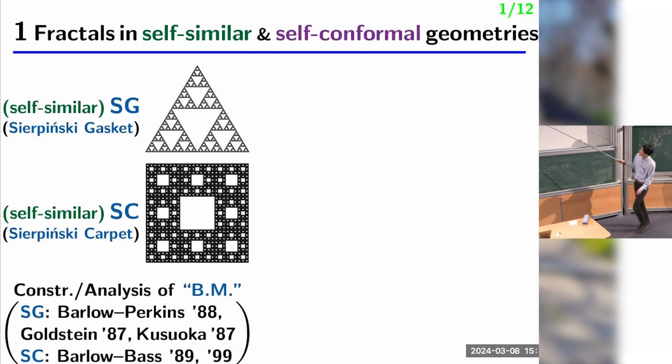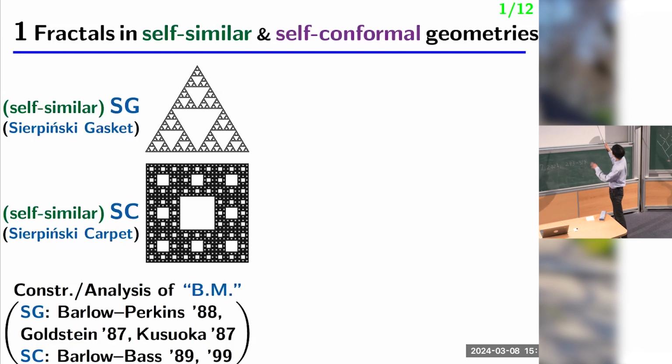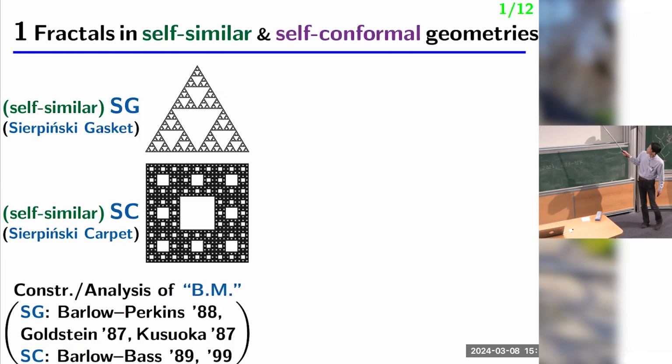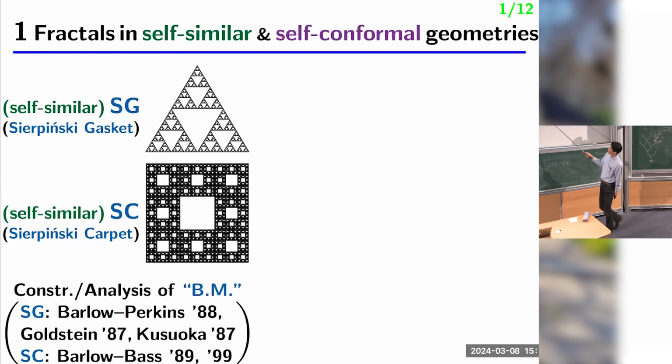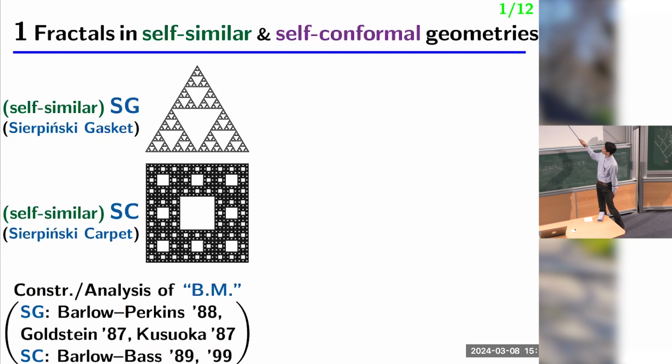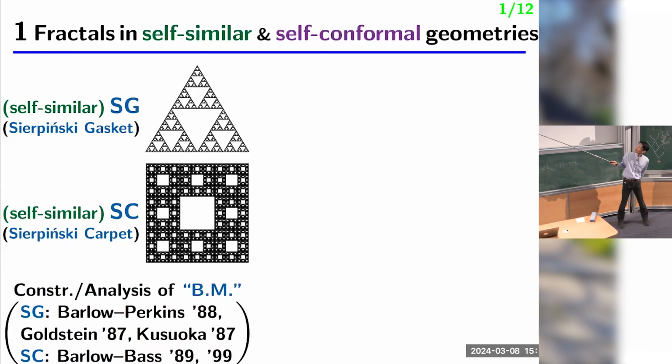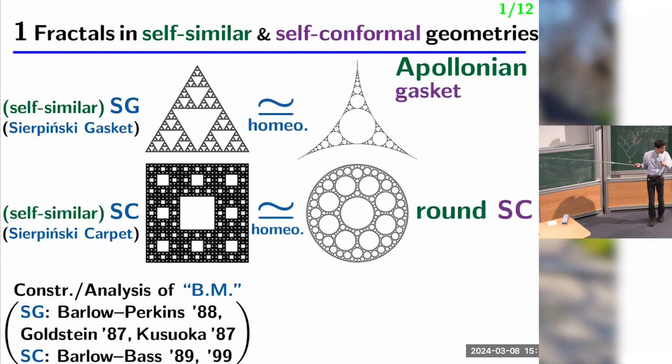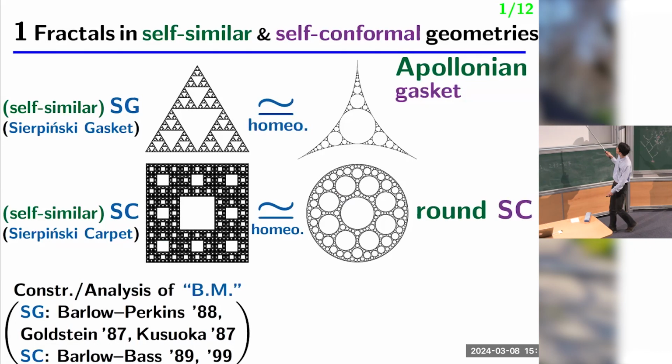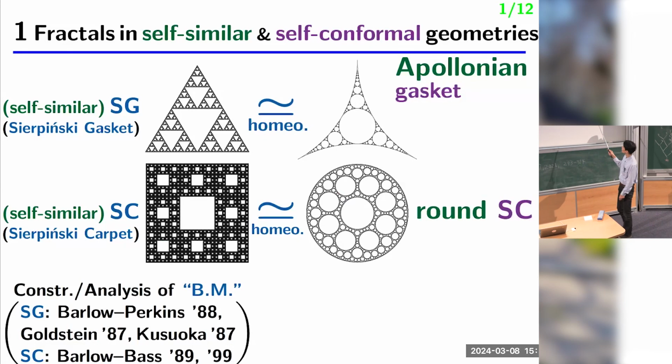But in some other fields of mathematics, basically complex analysis and the theory of Kleinian groups, there are entirely different geometries of these topological spaces, like these ones. This one is called the Apollonian gasket.